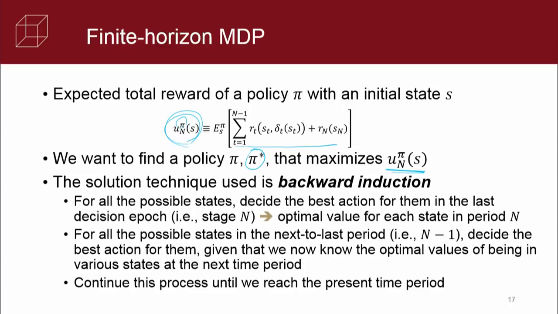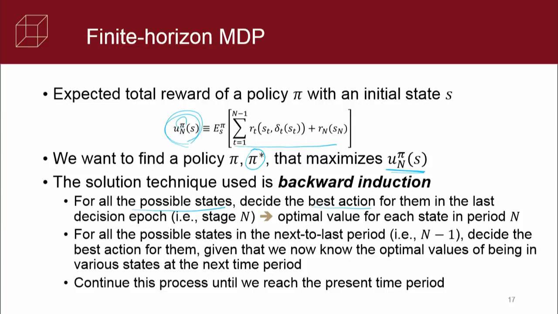Then, how could we find the optimal policy? As in the case of dynamic programming, we will work backward from the last stage problem, and such a solution procedure is called backward induction. So how does it work? Basically, for all possible states, we decide the best actions for them in the last stage, and then we work backward.